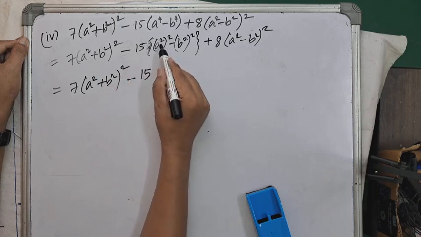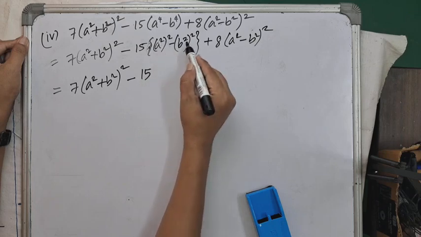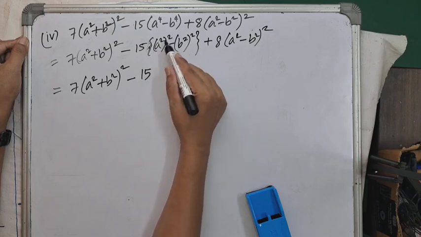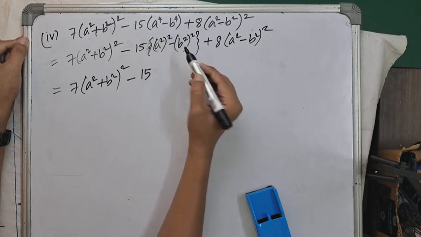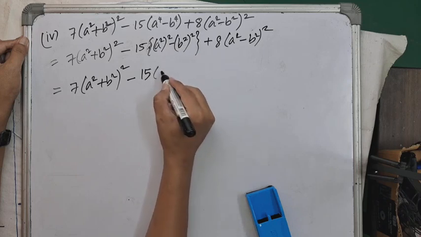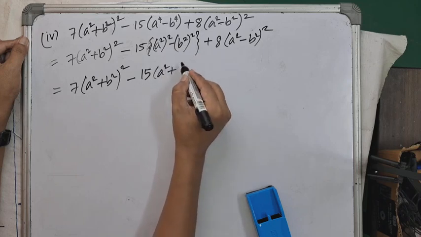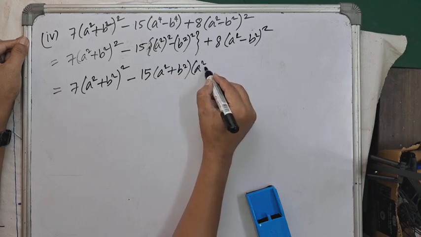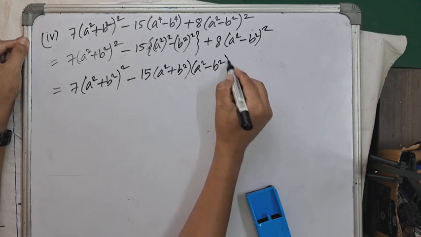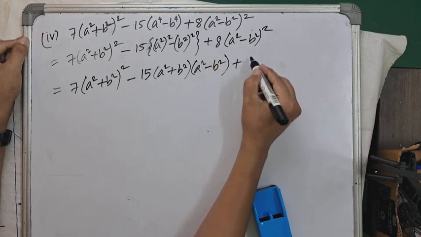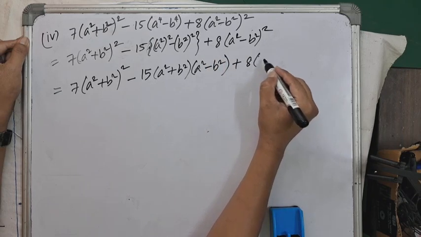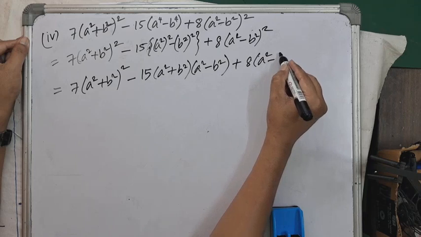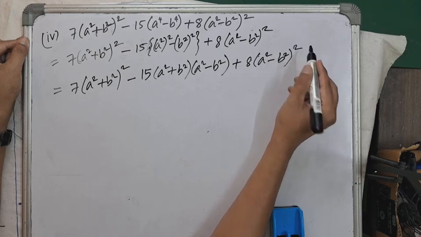Now we assume this a square as a and b square as b. A squared minus b squared means a plus b into a minus b, isn't it? After that, plus 8 a squared minus b squared whole squared.